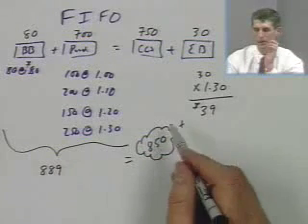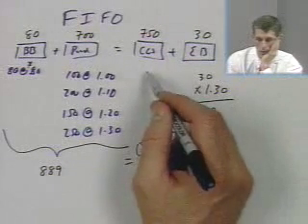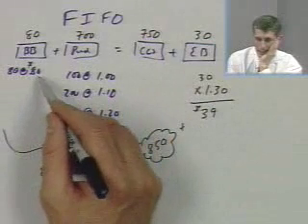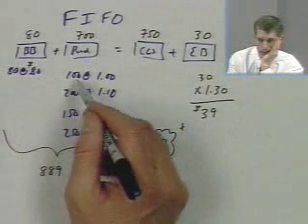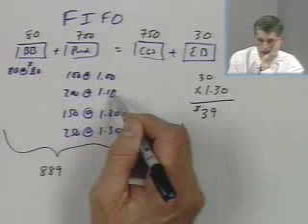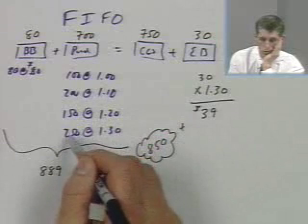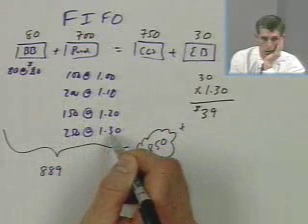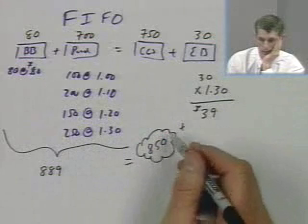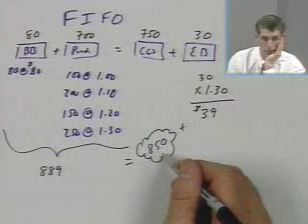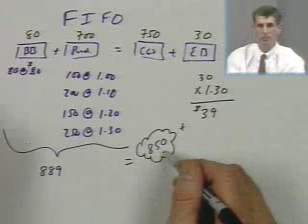Now, another way to do that would be to add up 80 at 80 cents, plus 100 at $1, plus 200 at $1.10, plus 150 at $1.20, plus 220 at $1.30, right? Well, I just kind of took a shortcut to get to cost of goods sold of $8.50. Does that make sense, everybody?